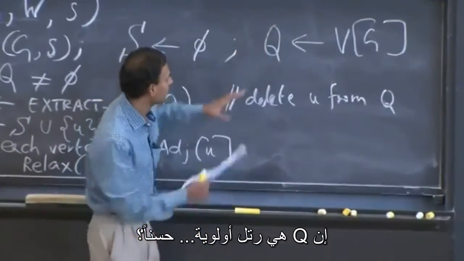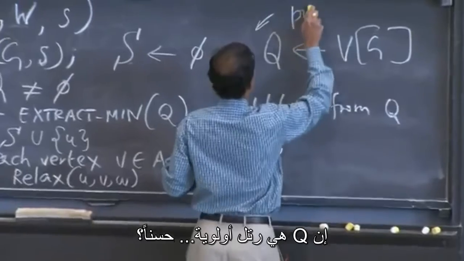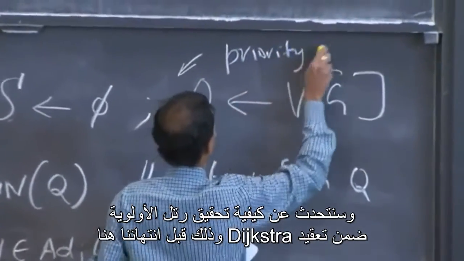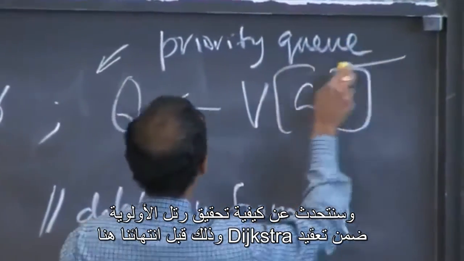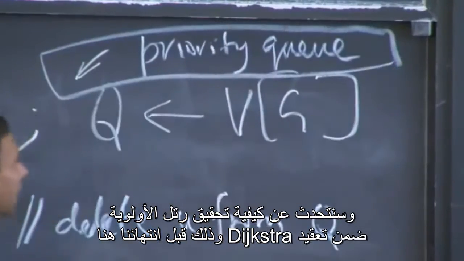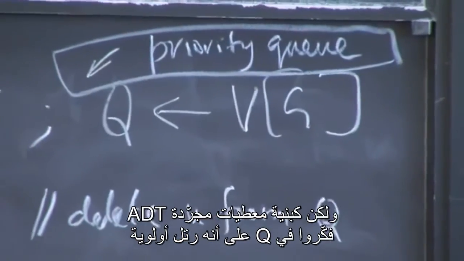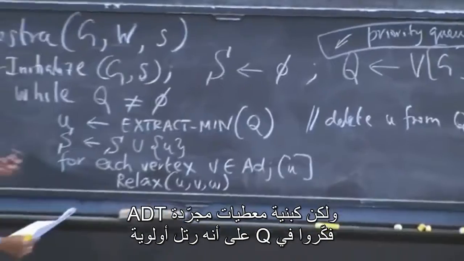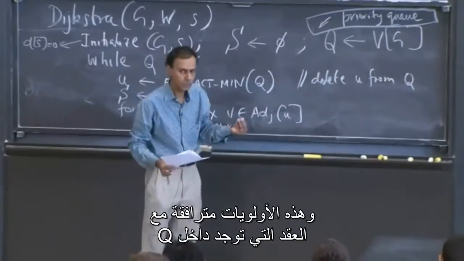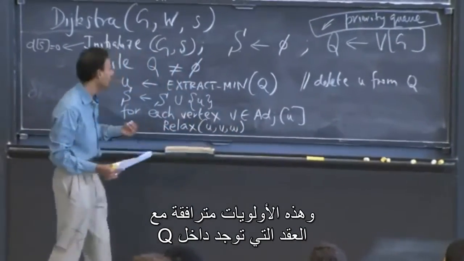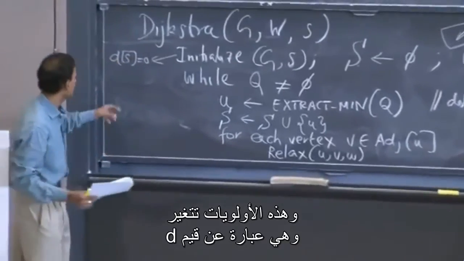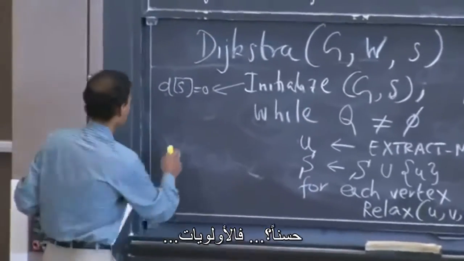We'll talk about how we'd implement this priority queue and the complexity of Dijkstra before we're done. But as an abstract data type, think of Q as a priority queue, with priorities associated with each vertex in Q. These priorities change, and they're the d values.